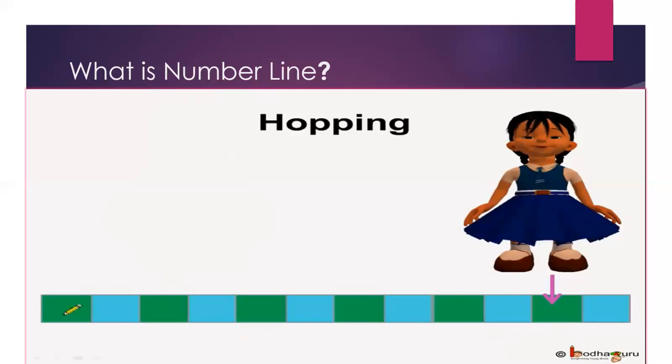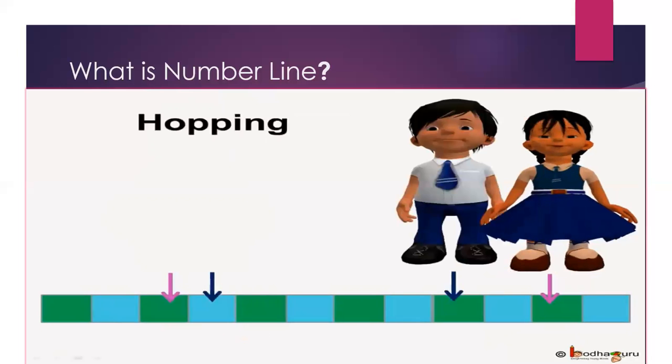Let's count it. 1, 2, 3, 4, 5, 6, 7, 8, 9, 10, 11. Khushi hopped till 11 squares. So, it was a lot of fun hopping from here to there and continuing again. But they had a problem counting the squares every time they hopped.